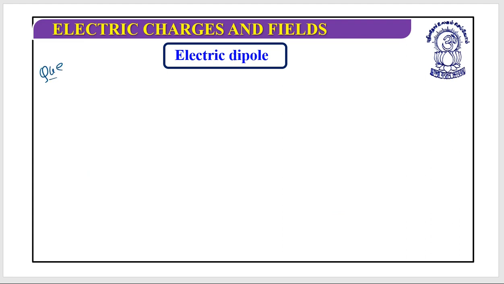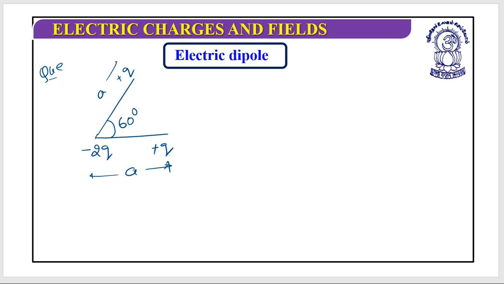Let's say they have given a certain arrangement like this: this is minus 2q, this is plus q, this is plus q. The angle between these two is 60 degrees. The separation between these two is a, and again here the separation is a.